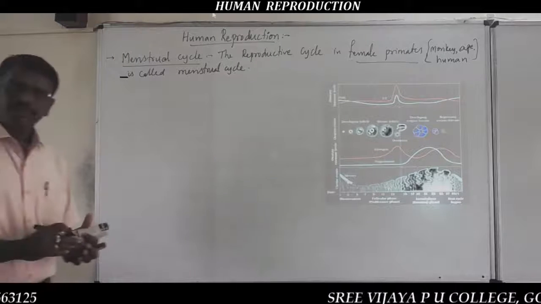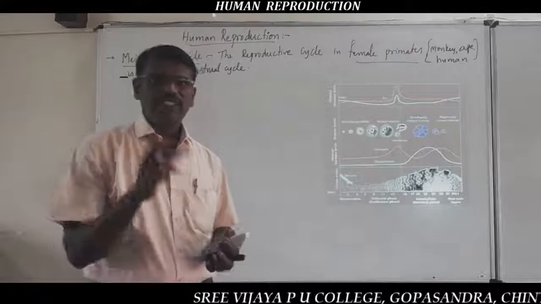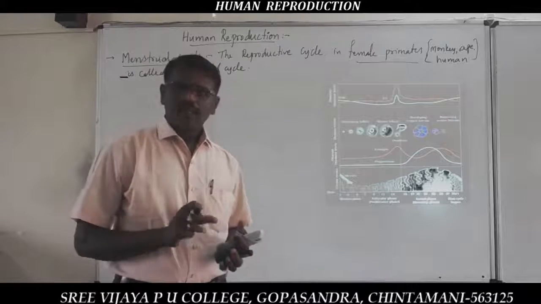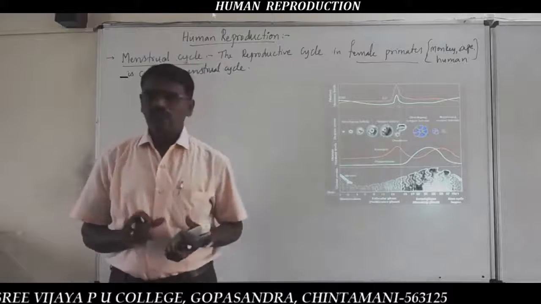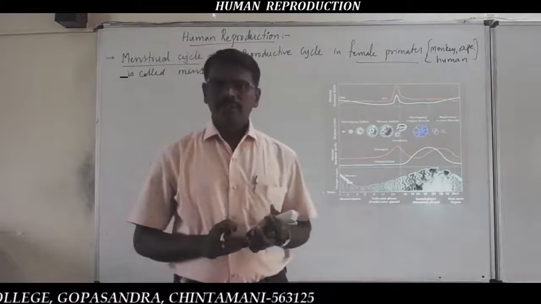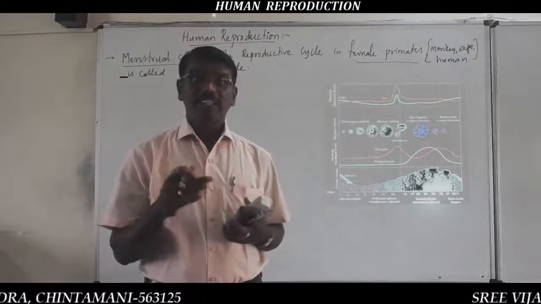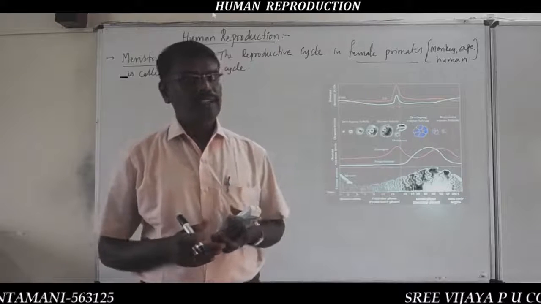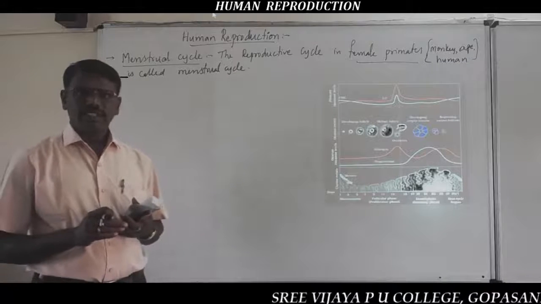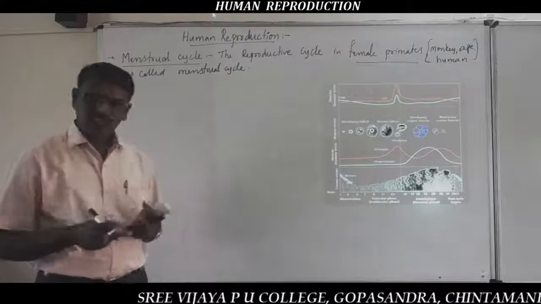We already discussed in the first chapter the estrous cycle and the menstrual cycle. The cyclical changes occurring in the ovaries and accessory ducts, that cycle of events in primates, is called the menstrual cycle.